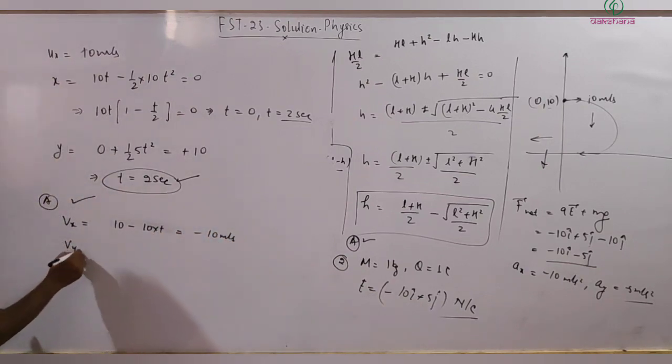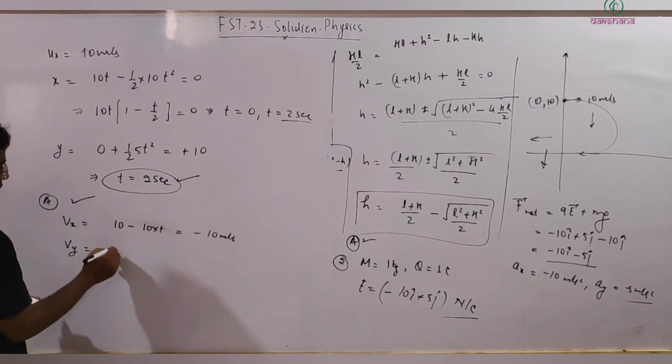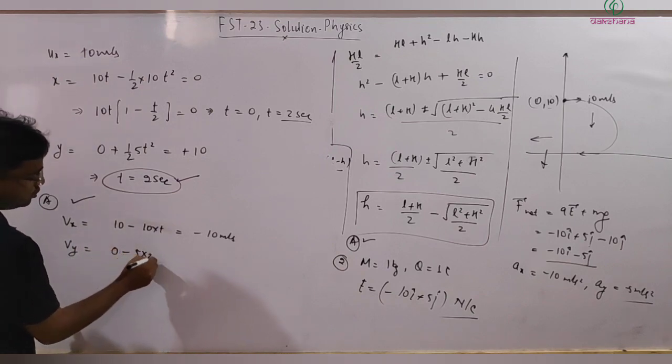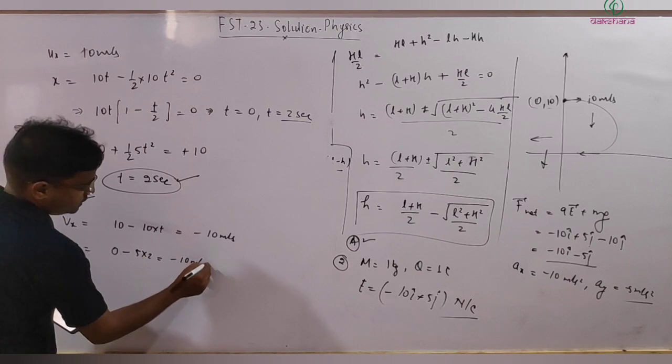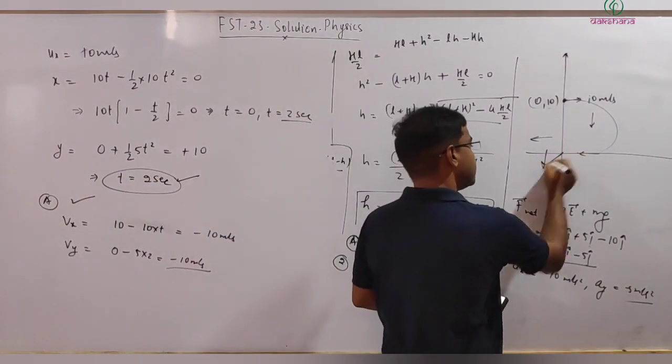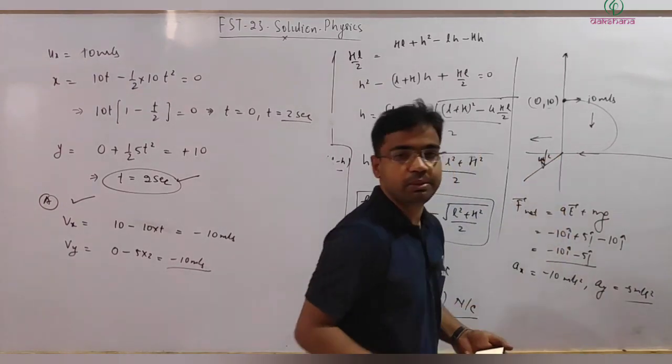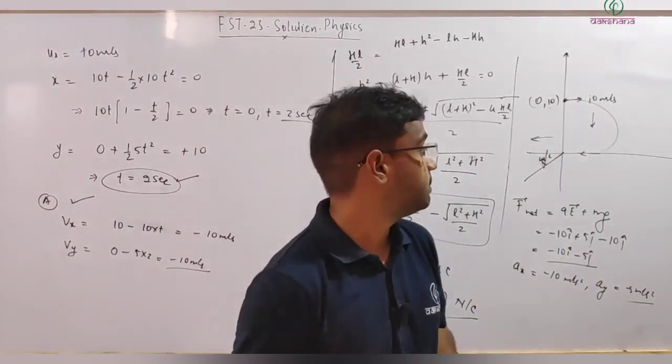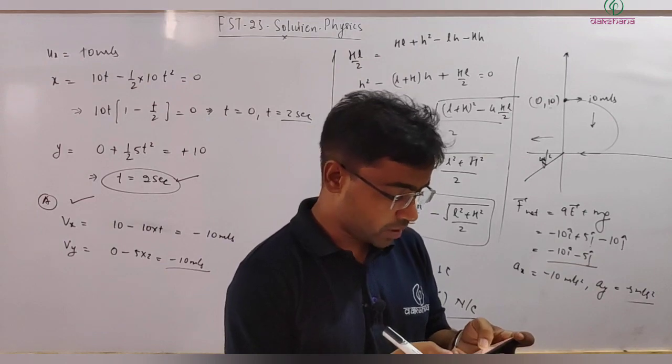And vy at the time of crossing will be 0 minus 5 into 2, that is also minus 10 meter per second. That means yes, it will be crossing at exactly a 45-degree angle, making equal angle with the negative x and negative y directions.